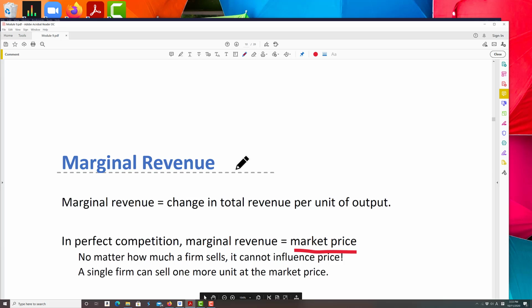Next, what is marginal revenue? In a competitive firm, revenue is price times output. Okay. So what is marginal revenue? That would be change in revenue divided by change in output.